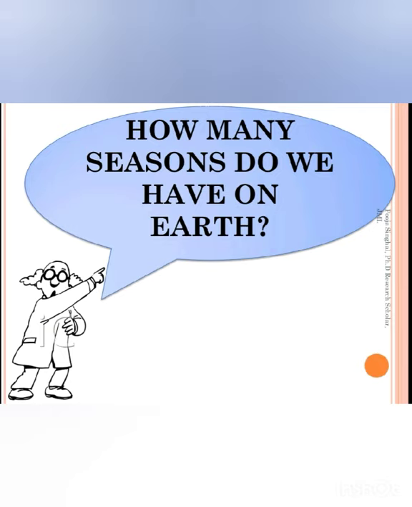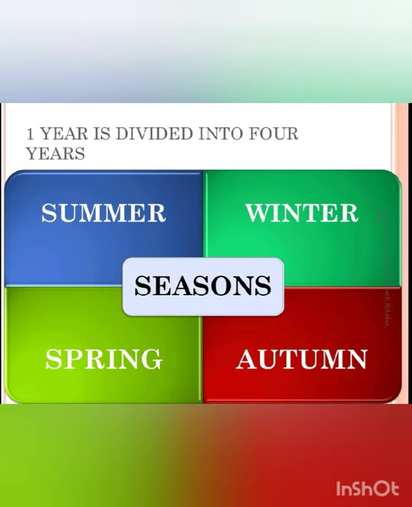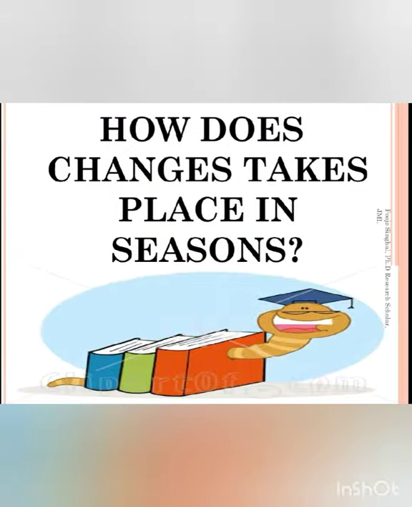So now coming to this, how many seasons do we have? We have 4 different seasons: summer, winter, spring, autumn, right? So 1 year is divided into 4 seasons. Sorry for the inconvenience. So how do changes take place in season, right?